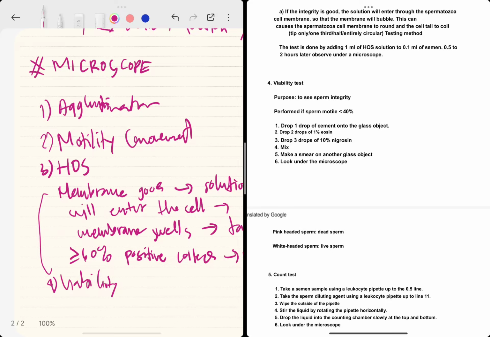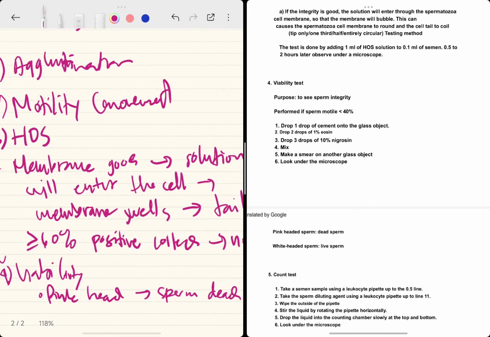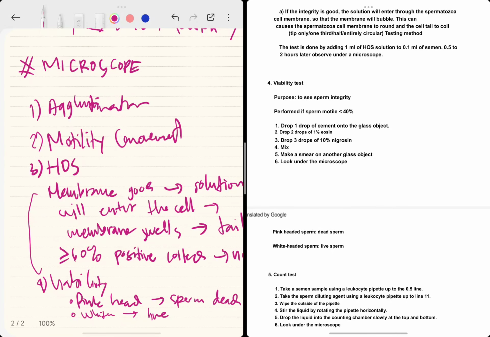If the result is stained, it means that the sperm is dead, because the membrane is damaged, so the dye has entered. But if it's just white, it means they're still alive, because the membrane is intact and excludes the dye.